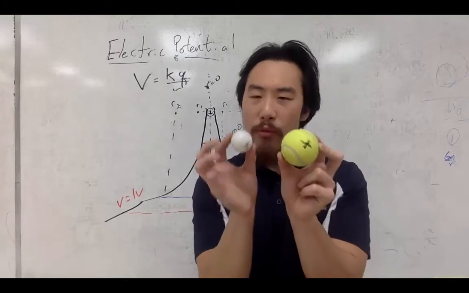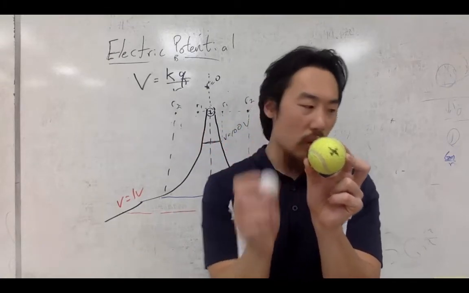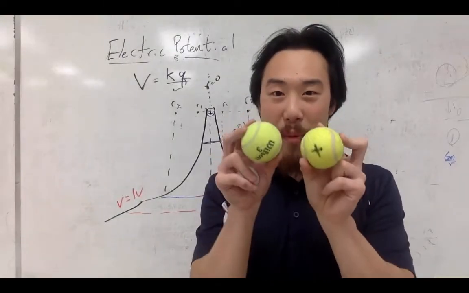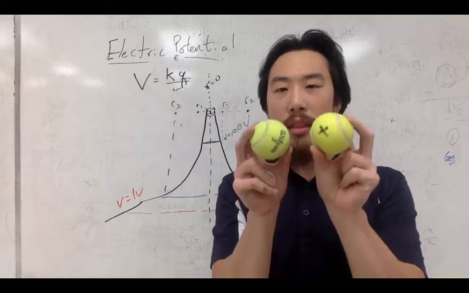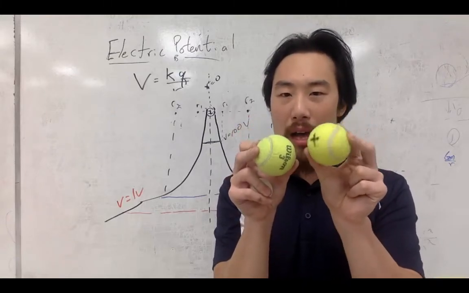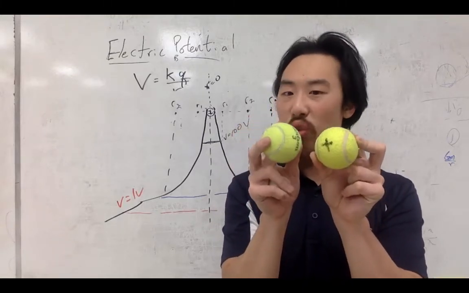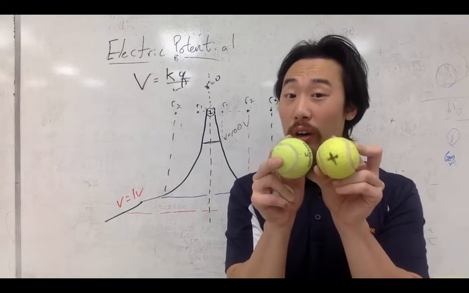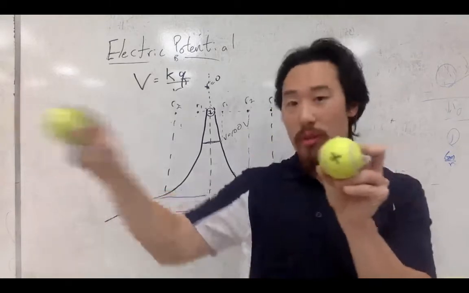If we were to replace this positive test charge with another positive charge, the electric field from this positive charge will have a pretty strong effect on it. It's going to be doing a lot of work. It has the ability to do a lot of work. It's going to shoot it out.